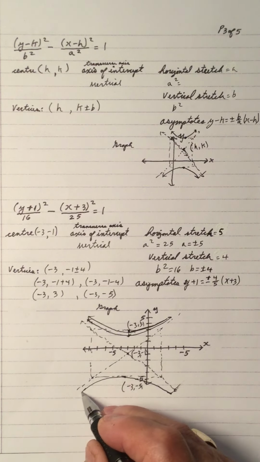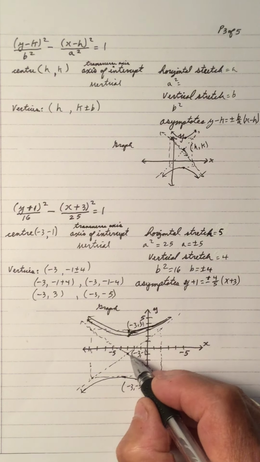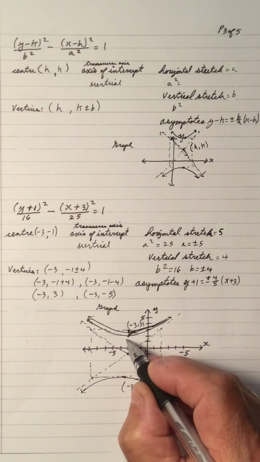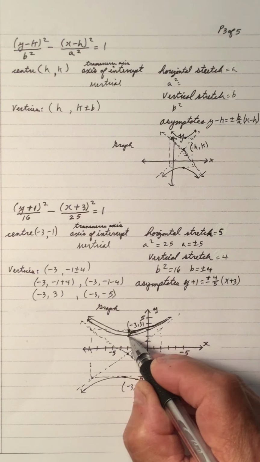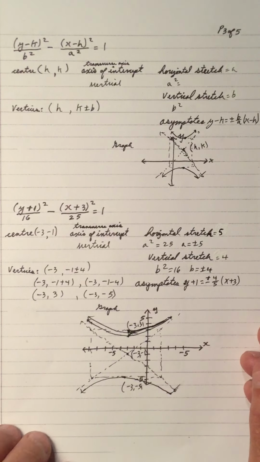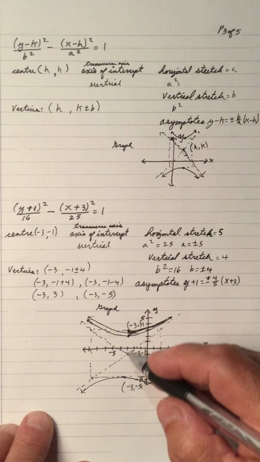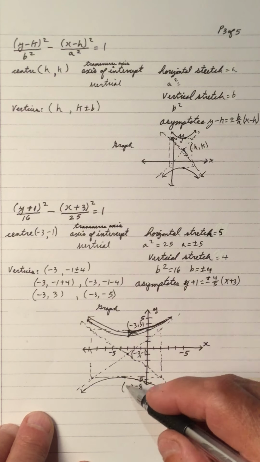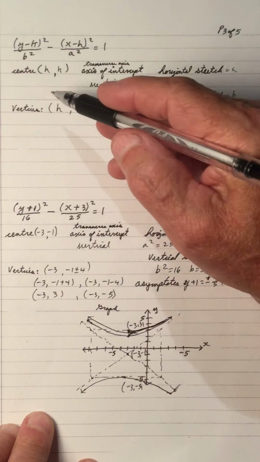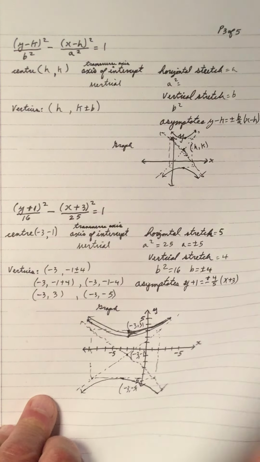Sorry about that, I didn't go high enough on x is -3, 3. There it is right there, not there. Went out like that. So notice that this one, what we call the axis of intercept, is vertical because the y is positive and the x is negative.